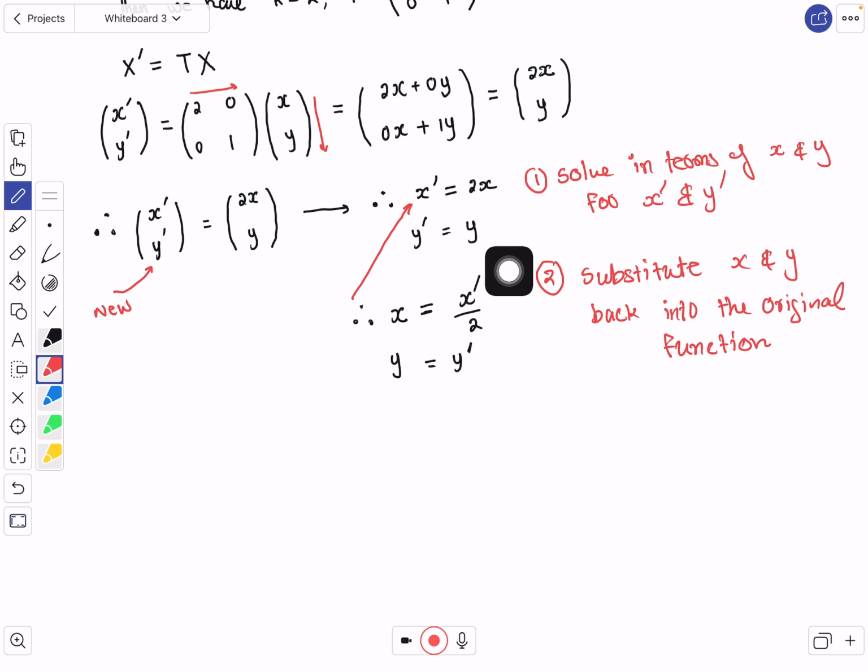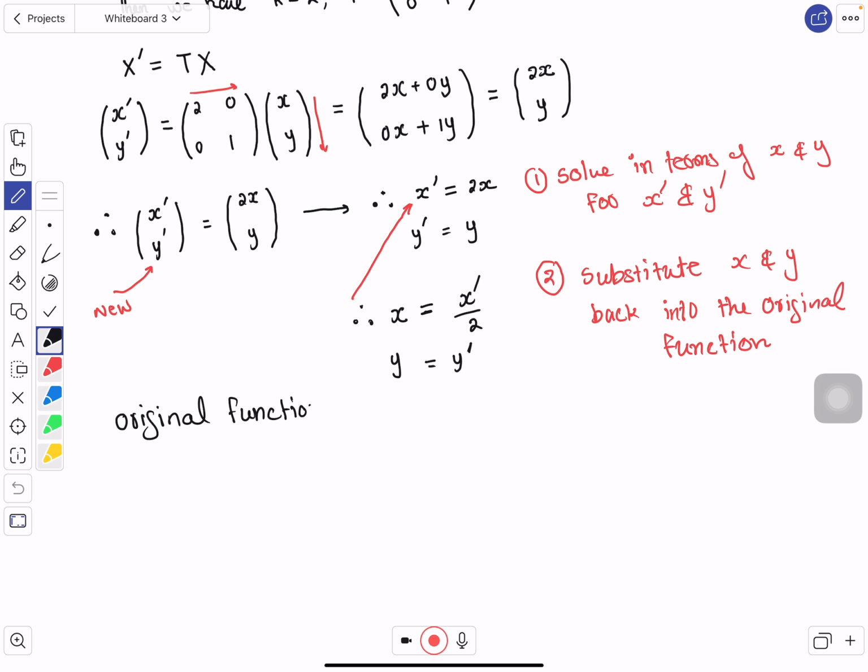Then we write the old x and old y in terms of the new x's and new y's. And the third thing is to substitute these back into the original function, which is given by y equals x squared. If we substitute those values, y equals y dash, and x equals x dash on 2, and we're going to square that.